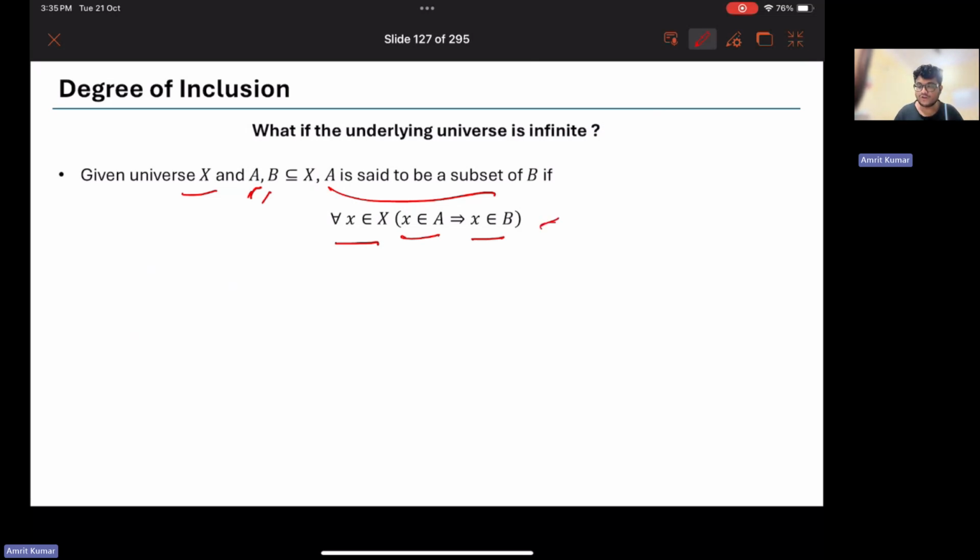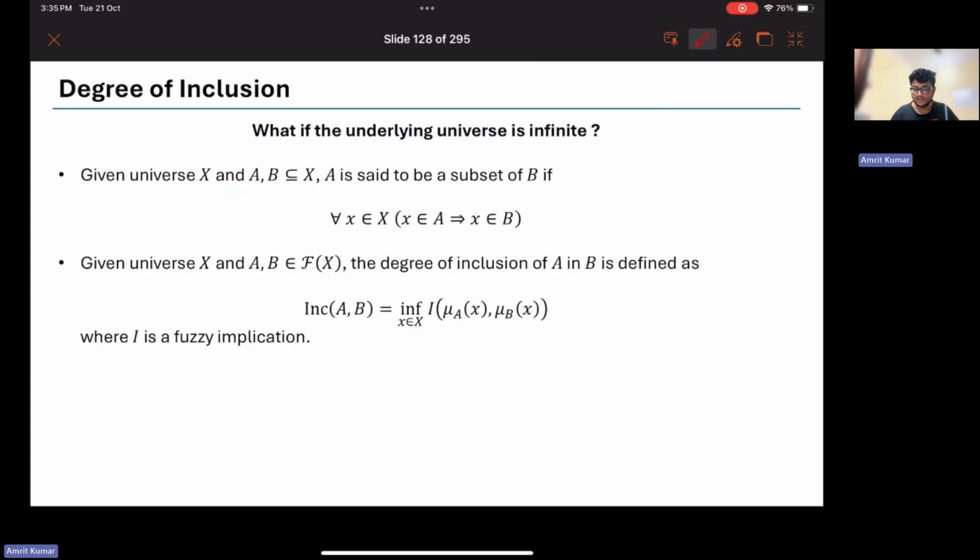Now we fuzzify this formula to obtain the formula for degree of inclusion of fuzzy set A and fuzzy set B. So given a universe X and fuzzy sets A and B, the degree of inclusion of A and B is defined by this formula.